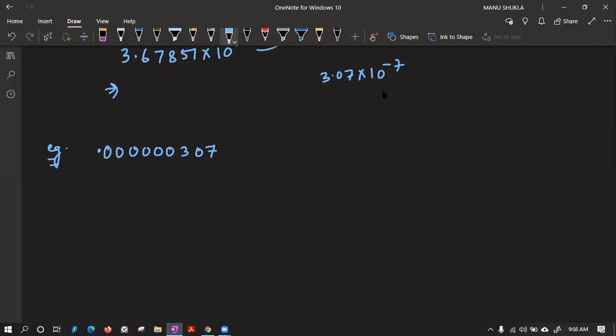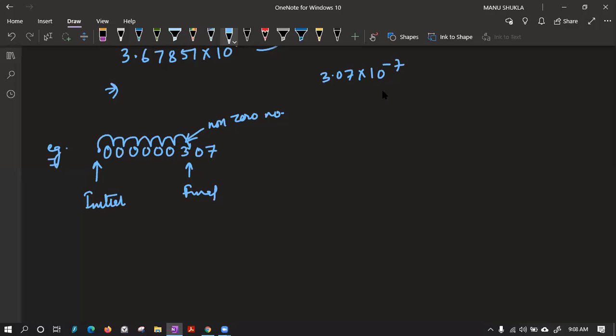So this one was very easy. We just have to take the decimal to the desired location. This is the initial position of the decimal, and we know that in standard form we want it after the first non-zero number. This is the non-zero number. After this we want the decimal. So this is the final position. We will just count how many jumps we are taking: 1, 2, 3, 4, 5, 6, 7.